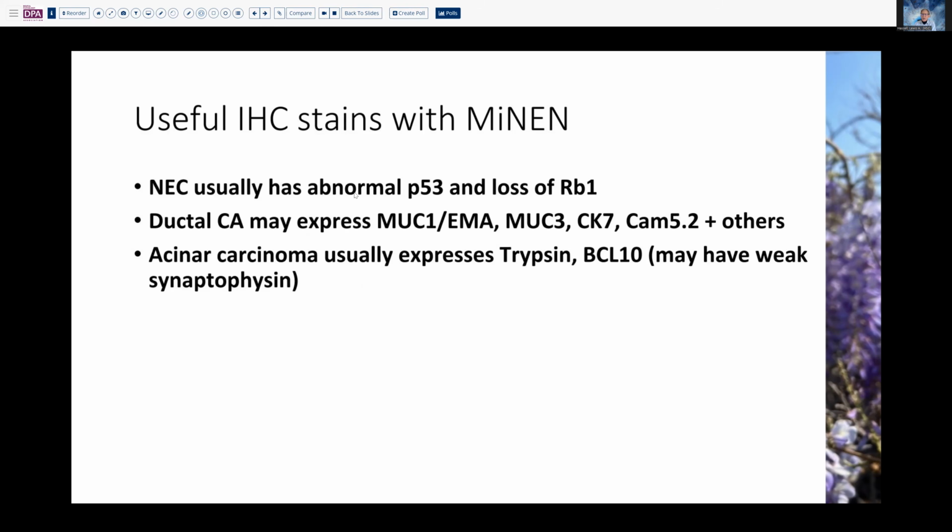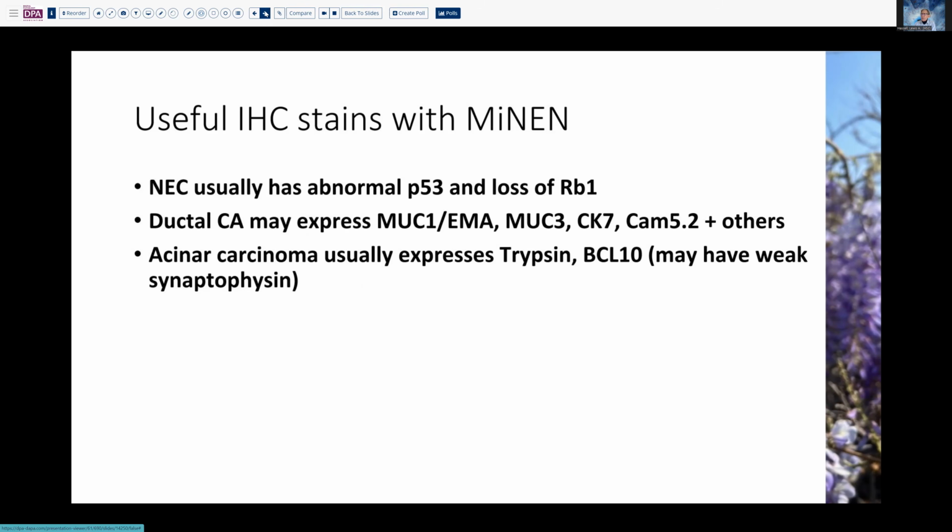Ductal carcinomas, of course, will express the usual epithelial markers, but also may have some more pancreatic mucinous type markers like MUC1 or MUC3, as well as some keratin markers that would not be expected to be expressed in neuroendocrine tumors. Acinar carcinoma is usually a little bit more problematic to exclude because not every lab will have access to trypsin or to BCL10. And occasionally acinar carcinoma has a weak synaptophysin expression as well.